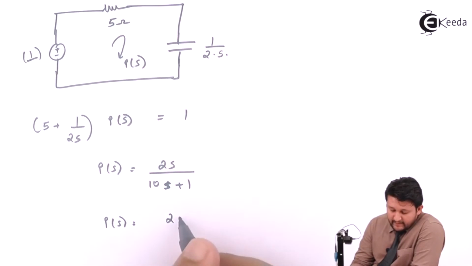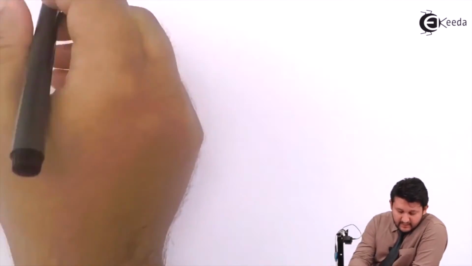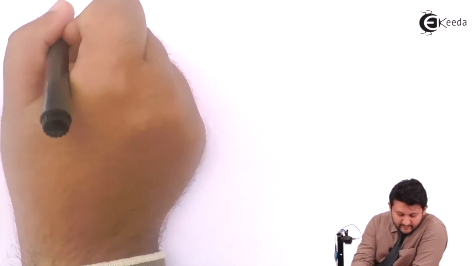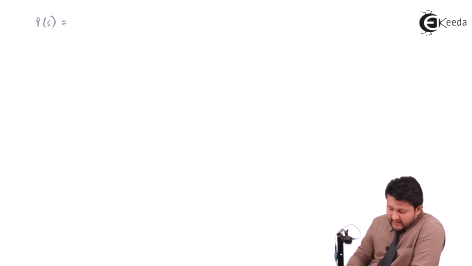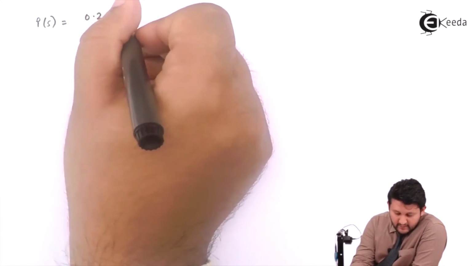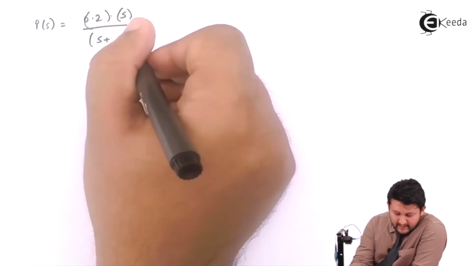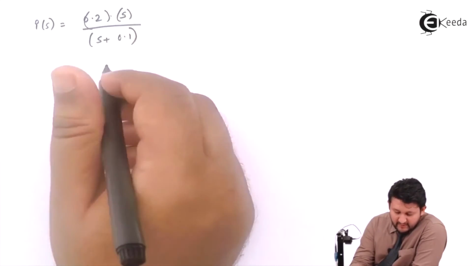This will be 2S upon 10 times S plus 1 upon 10. So I of S will be equal to 2 upon 10, which is nothing but 0.2, into S whole upon S plus 1 upon 10, which is nothing but 0.1.